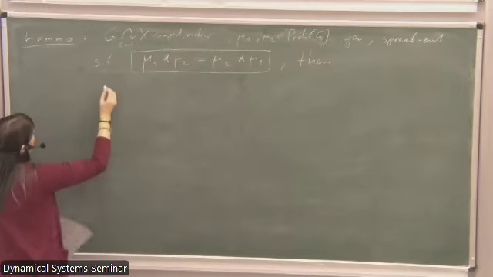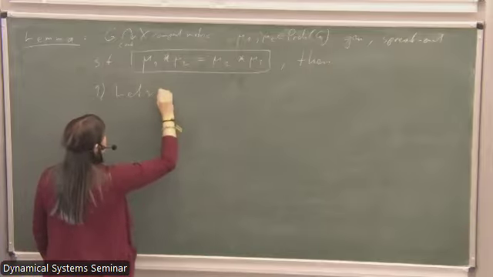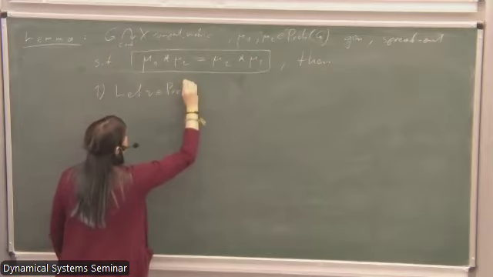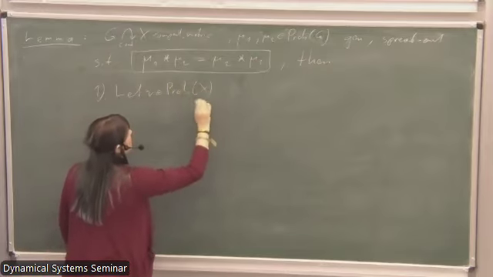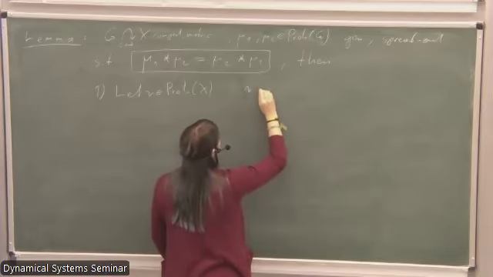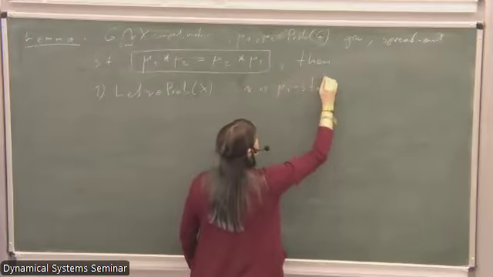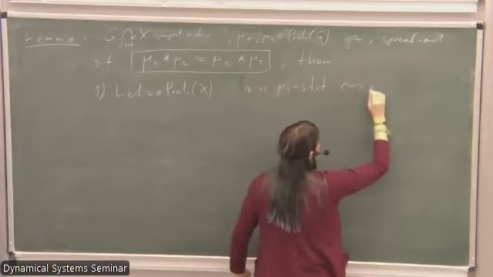Namely, first of all, if I have a probability measure on X, then this probability measure is mu1 stationary if and only if it's mu2 stationary.